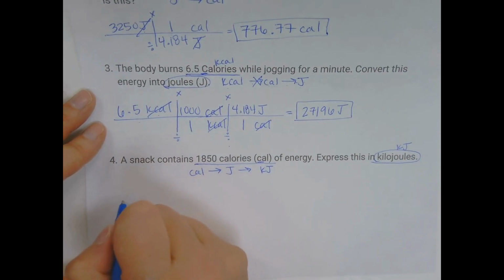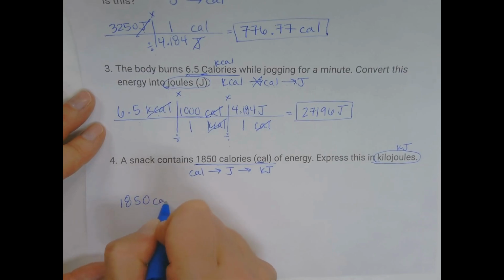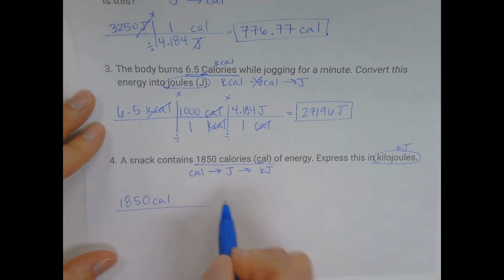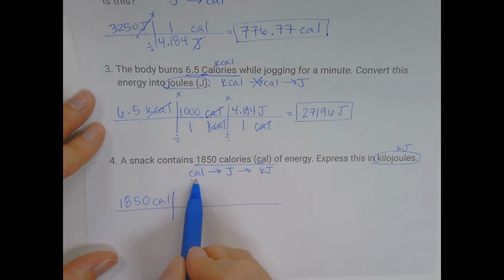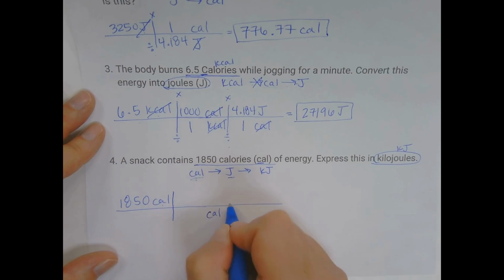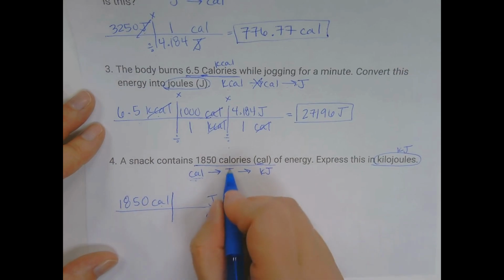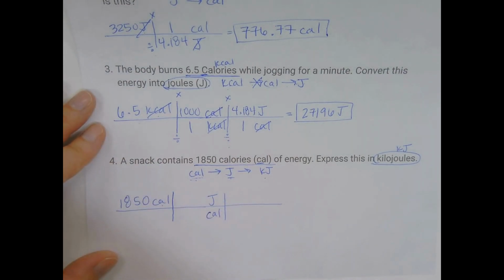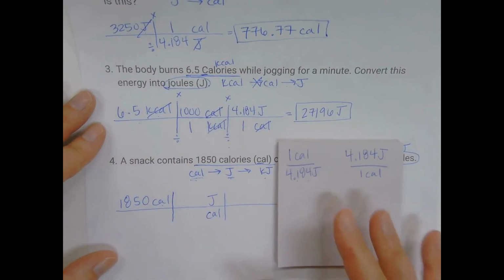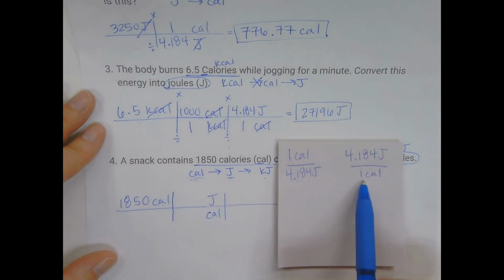So I'm going to put my given in, 1,850 calories. Set the train track up. My first step is going to be going from calories to joules. So I'm going to drop my calories down so they cancel. And in this step, I'm looking to get to joules so then I can get to kilojoules after. Looking at that same relationship, I have 1 calorie equals 4.184 joules or 4.184 joules equals 1 calorie.